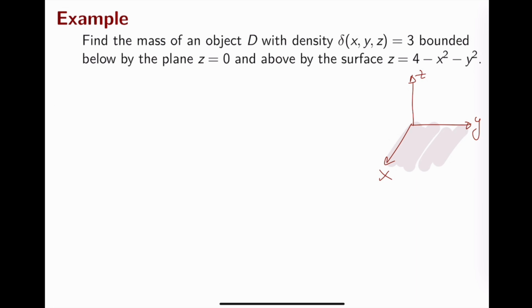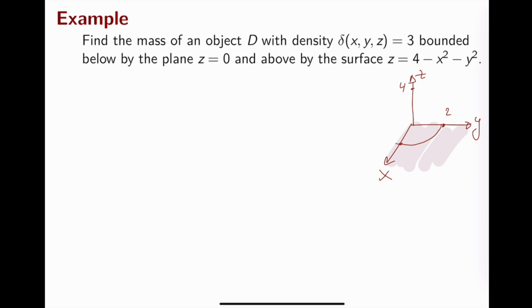So this is a surface where, when x is 0 and y is 0, we have that z is 4, and when z is 0, we have a circle determined here. This will be 2 and 2.